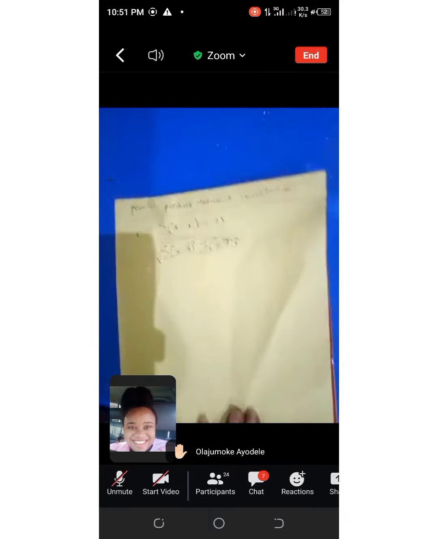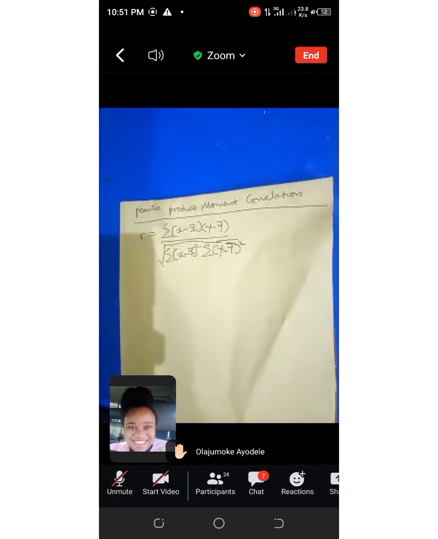So this is the formula. X and Y are the two variables that we want to find out if there's a relationship between. If a question is given, they will usually give you X and Y, then you will find the other parameters yourself.